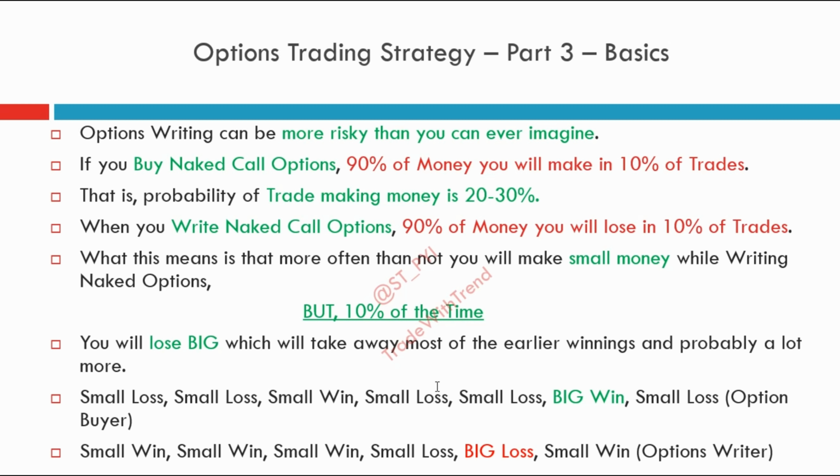That is why it is such a huge strategy in terms of propaganda that happens, with people who are selling subscriptions or giving you tips to write options. The reason why that is so successful is because 70 to 80% of the time their trades do make money. But I don't think even they understand what the risk is of writing options, especially now that weekly options have been introduced for Bank Nifty. The kind of propaganda that goes around that people should write options on expiry day.